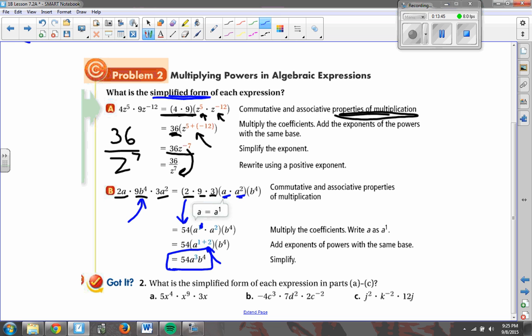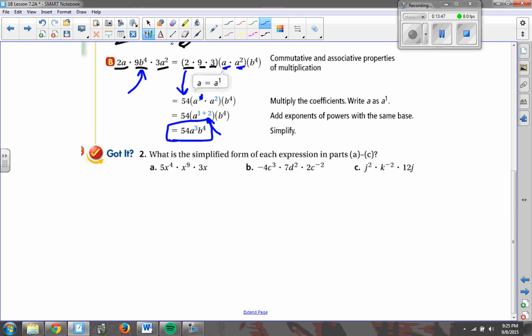Now again, I have some problems I want you to practice here on the bottom. Once you've mastered those 2 examples, I want you to do these 3 problems right there, A, B, and C. Please notice in part B that you have a C and a D, right? 2 different bases. So just like our rule at the top said, we can only put together the exponents that have the same base.